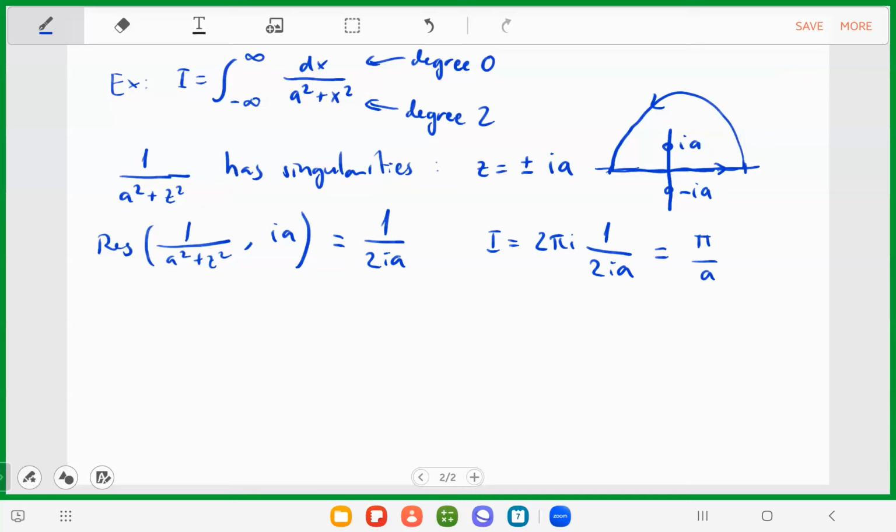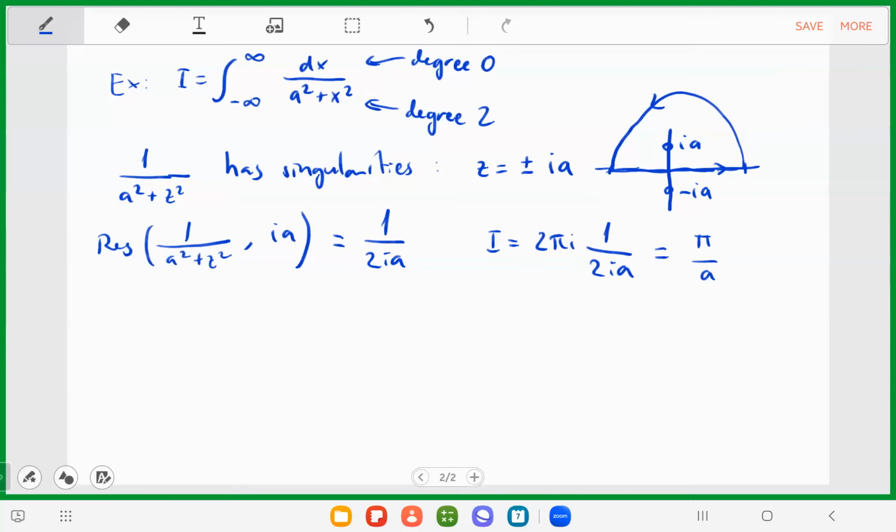Okay. Any question? Okay, so maybe you can practice this in the homework.